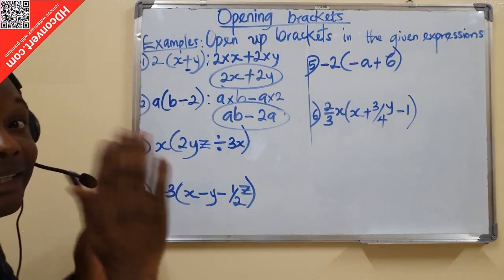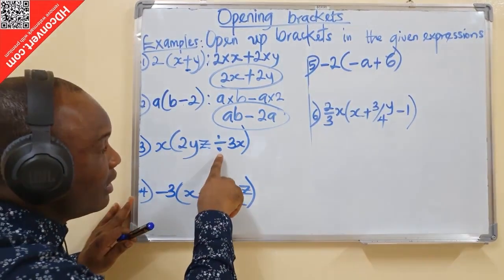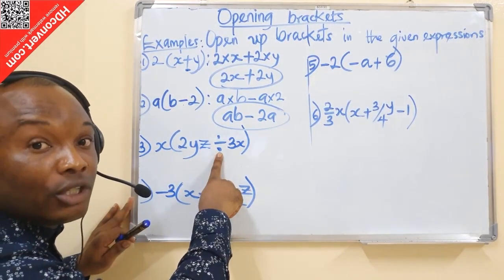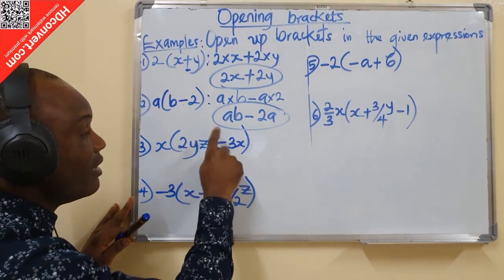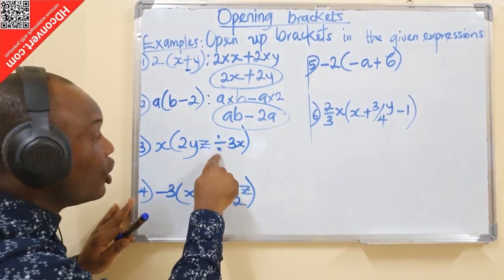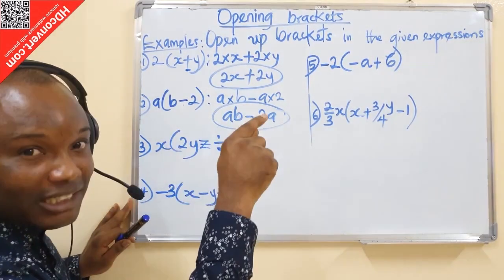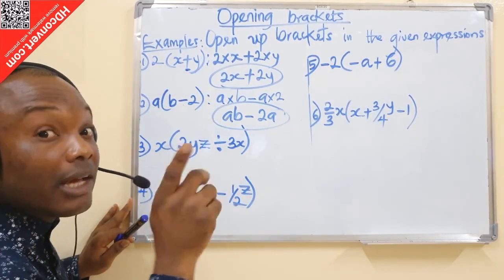Come to question 3. The same thing works, but you have to be careful. See, this is a division sign. To help you get this answer correctly, it's better to express what you see in the bracket as a fraction. Change this division sign to a slash, just like we write numerator and denominator. Remember that? That will help you.